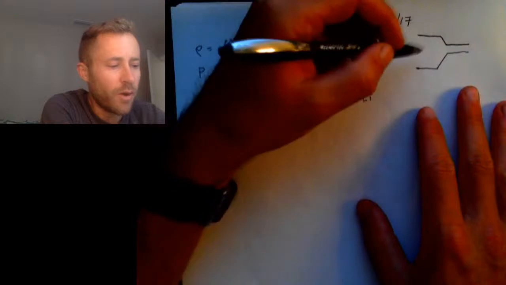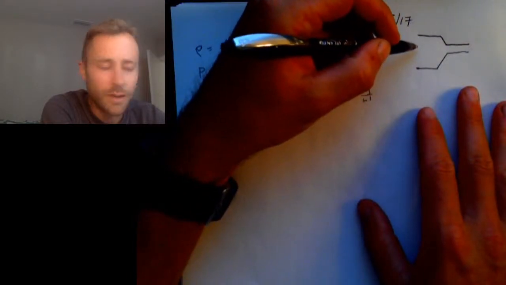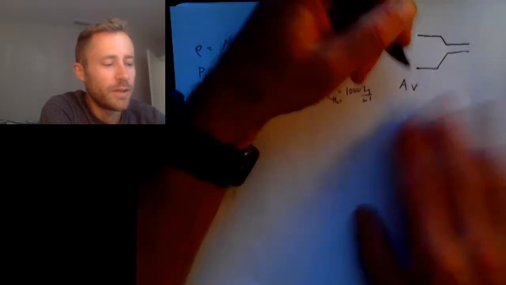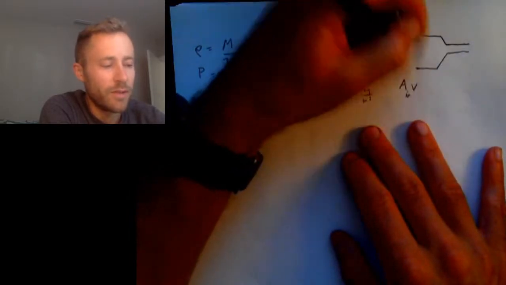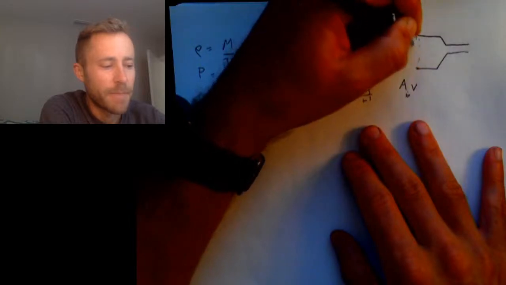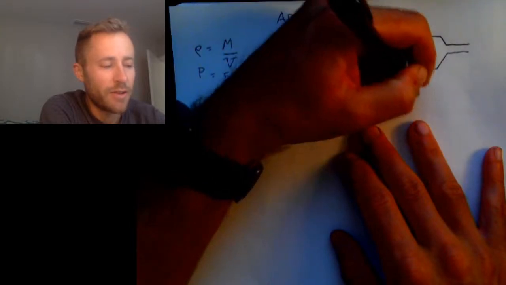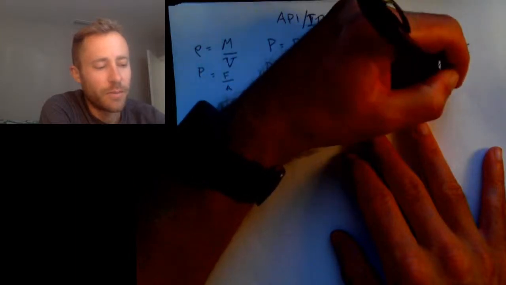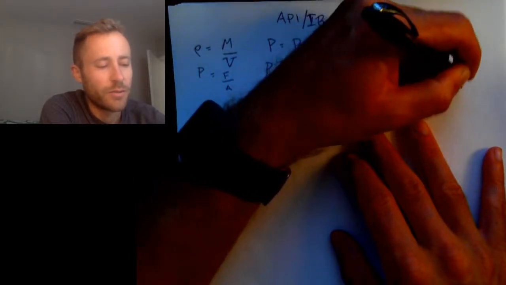The volume per second going in is area times speed, so the area of the input times the speed at the input has to equal the area of the output times the speed at the output.